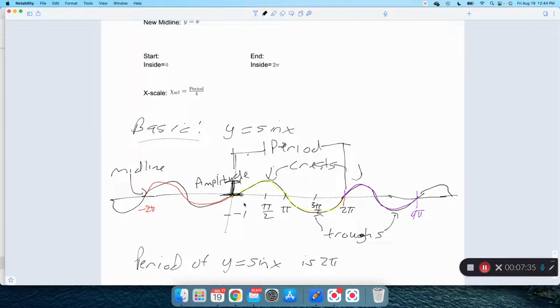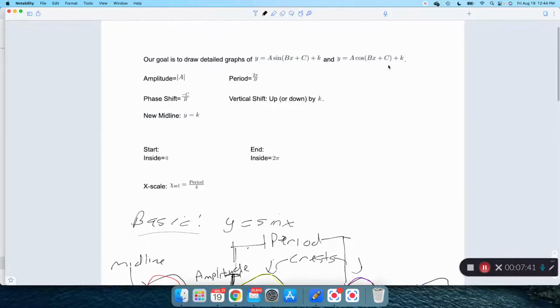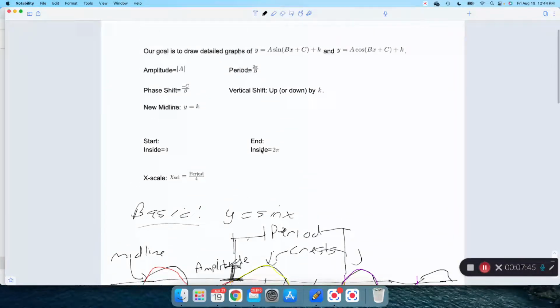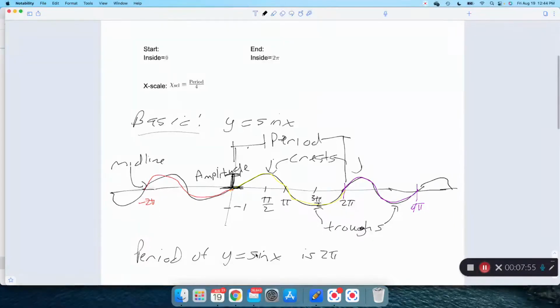We call that a phase shift if we scoot it left and right. Or we'll add on a vertical shift if we move it up and down. And we can play with the amplitude by changing this number in front, and that'll just change how high and low it oscillates.